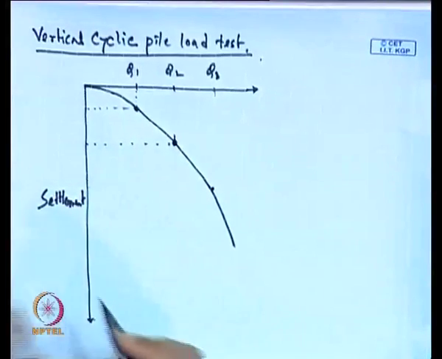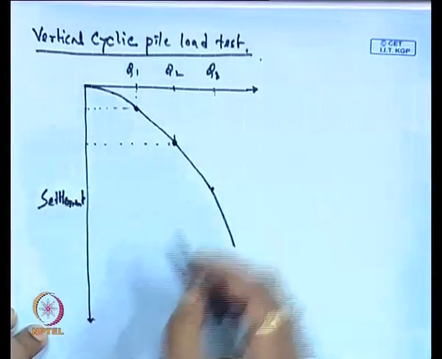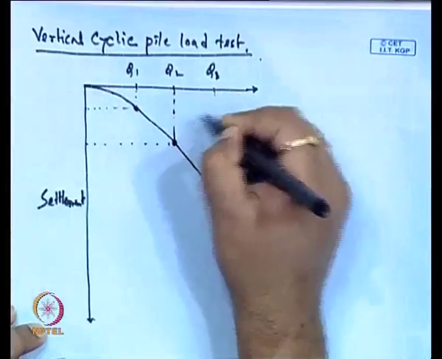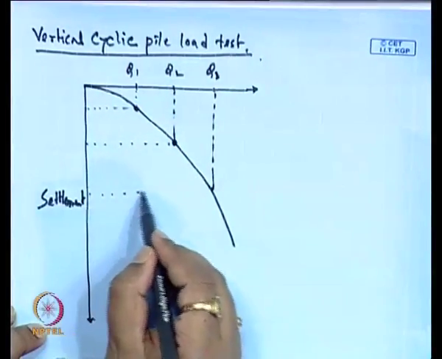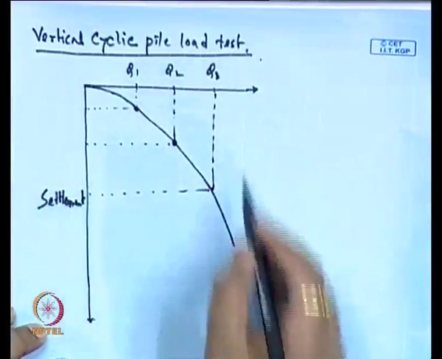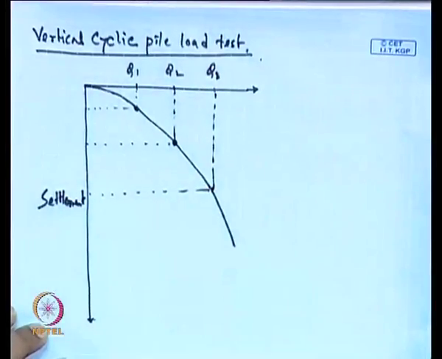Then with the others, Q4 and Q5, we will get the complete graph.